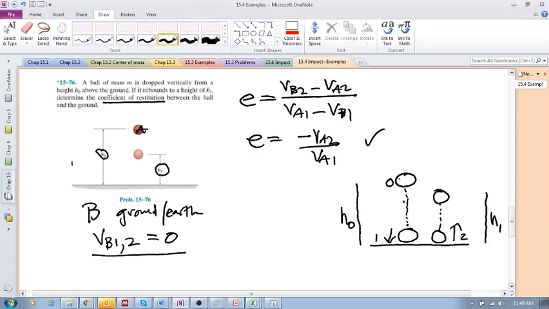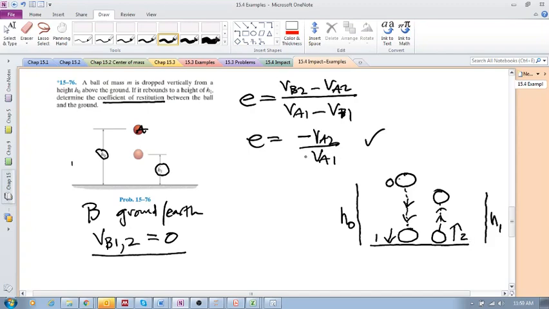So it falls down, it impacts the earth, the ground, and it rebounds and moves up to a height of h1. So right before the ground is state 1, and right after it hits the ground, it's state 2.